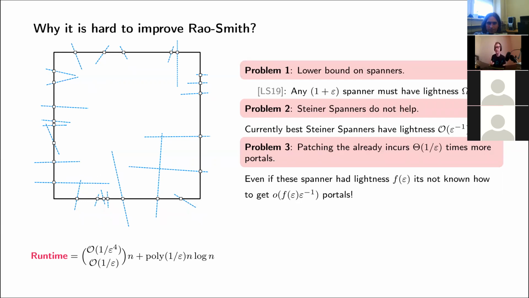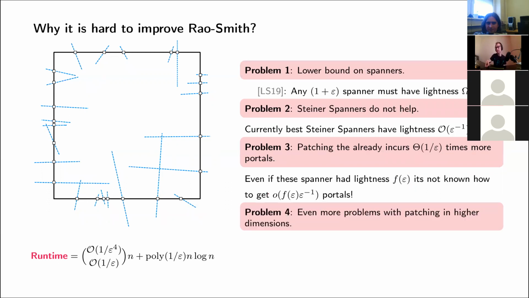So that's why Rao-Smith had this patching construction, and this patching actually makes you add 1/epsilon times more portals. So even if you had a spanner or Steiner spanner that has this low lightness, it is not really known how to get below this many portals at the end by using this patching. So that's a drawback. And the second is that even using this in high dimensions is not trivial.